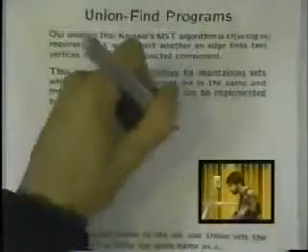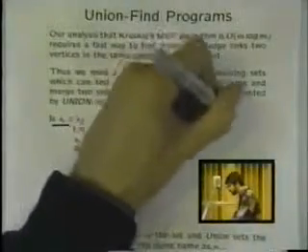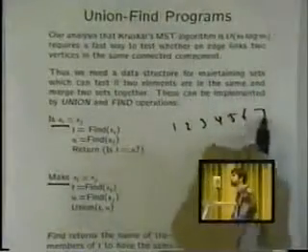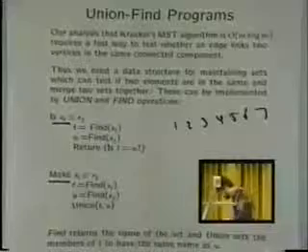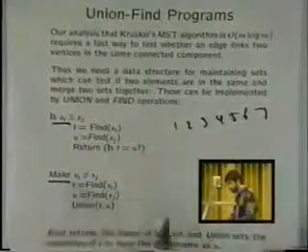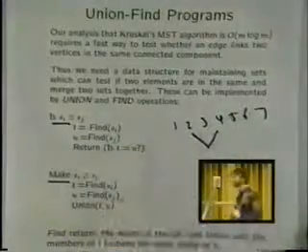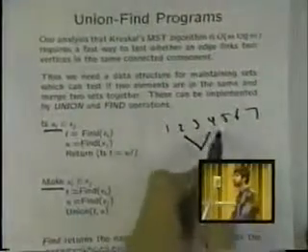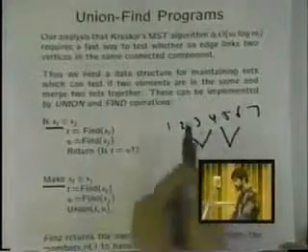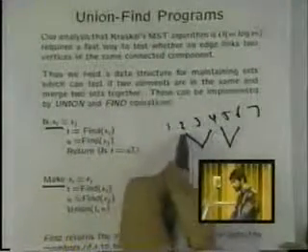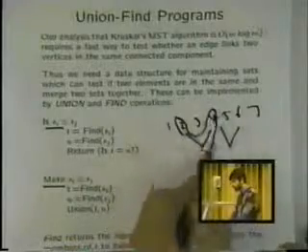Okay? So suppose, let's say we originally have the numbers 1 through 7 in our subsets. We could talk about, let's say, doing a union to merge those two together, a union to merge these two together, and we then do a find. Okay, let's say we had merged these two together to make one subset.